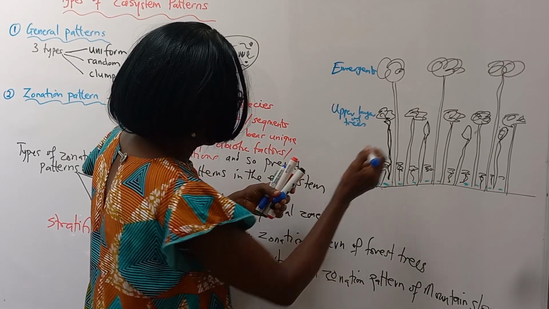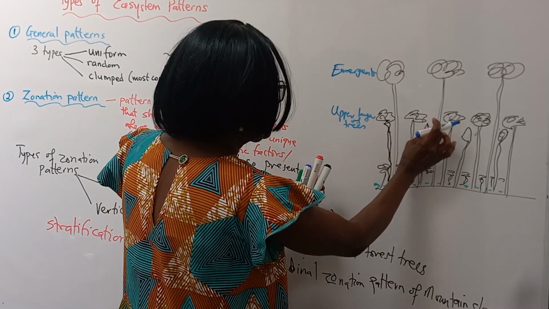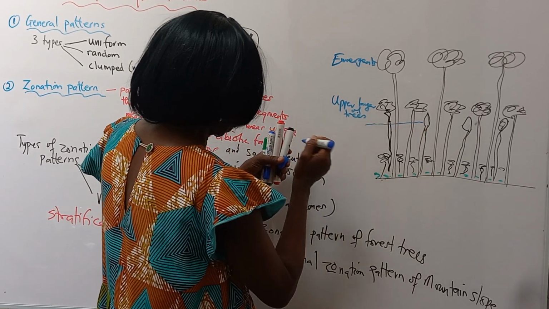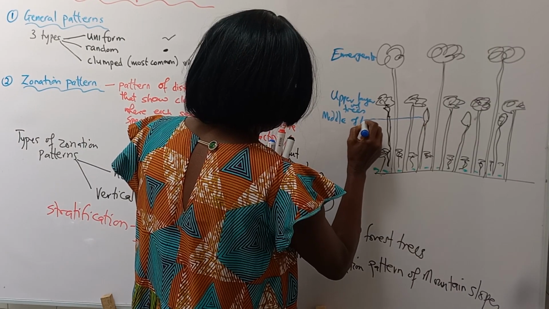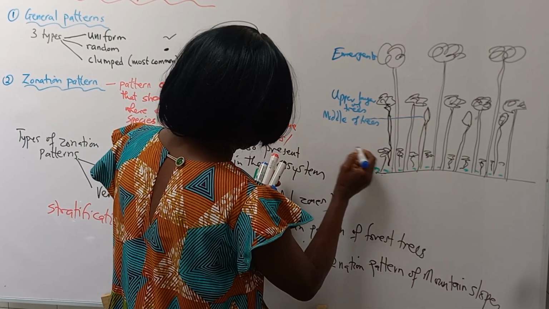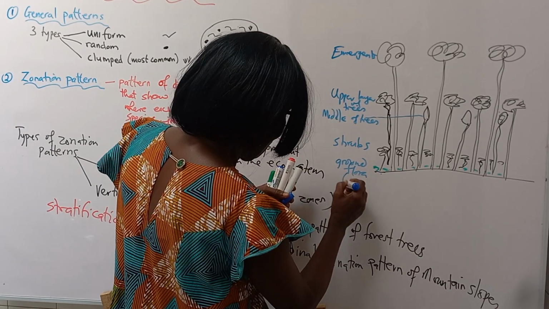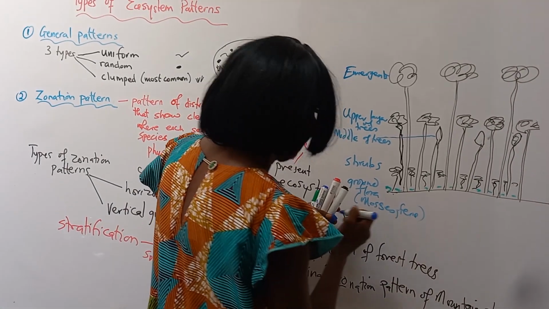And then we have trees with conical-shaped branches, like here. These ones form the middle layer of trees. And then you have this layer of shrubs. And then we have ground flora of mosses, ferns, etc.